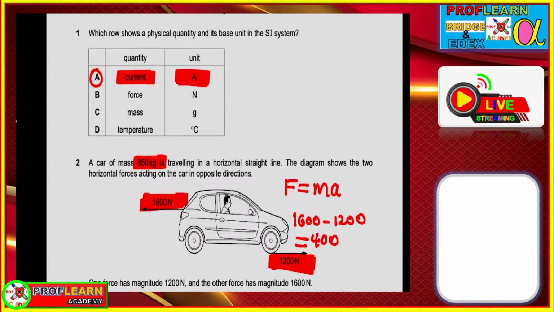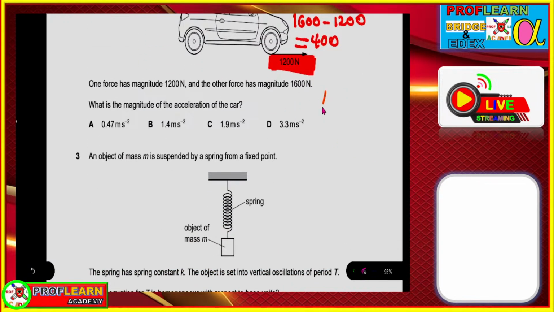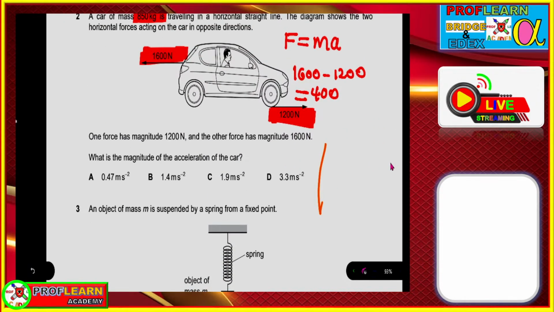And so as I was saying, the first thing that you need to do in this question is to find the resultant force. Basically the resultant force is going to be 1600 minus 1200. So then we can apply the formula: force is equal to mass times acceleration, because we are supposed to work out the magnitude of the acceleration here.